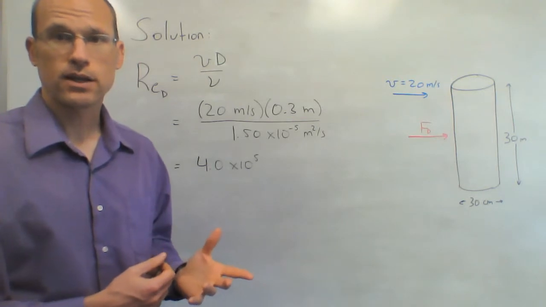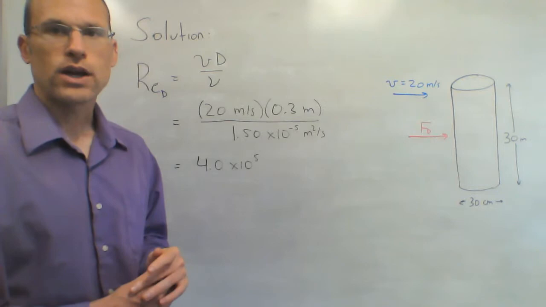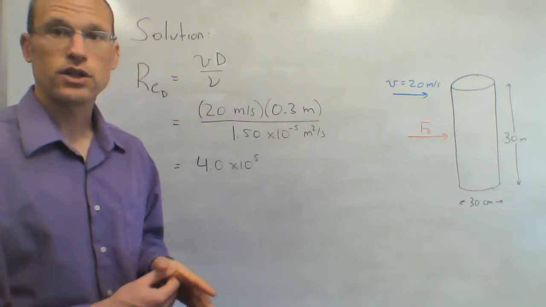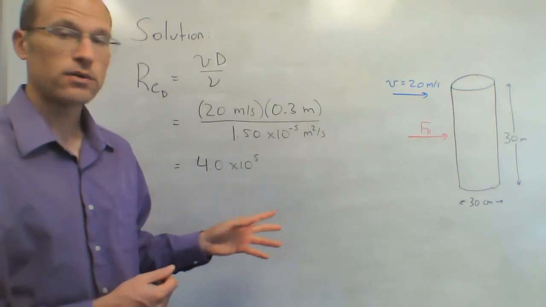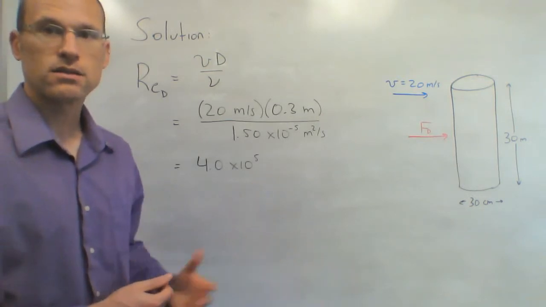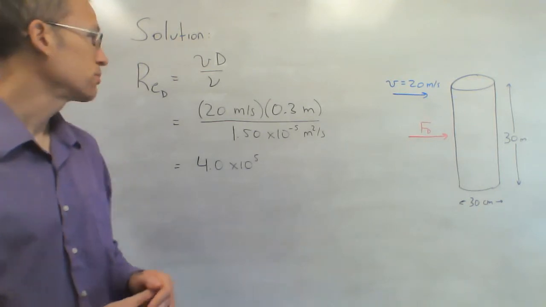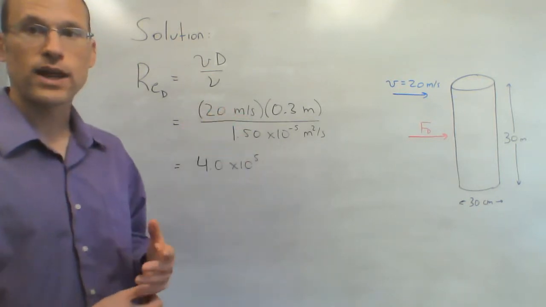Also, because I'm finding the drag coefficient based on figure 11.2, you'll see in the figure that I'm about to show you for this example that the x-axis specifically says Re_D, so it wants you to make sure you base that on the diameter for that figure.